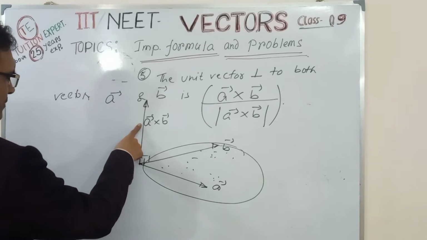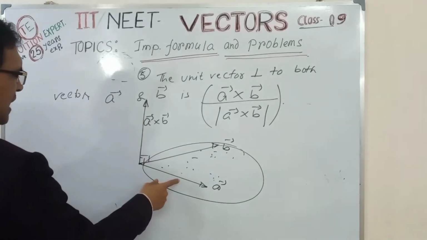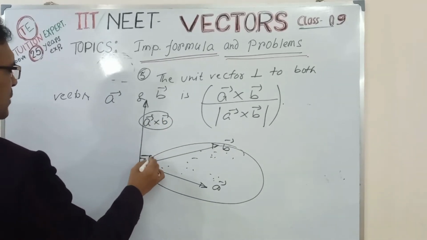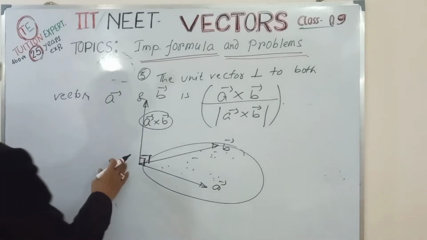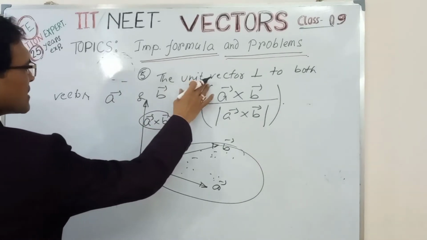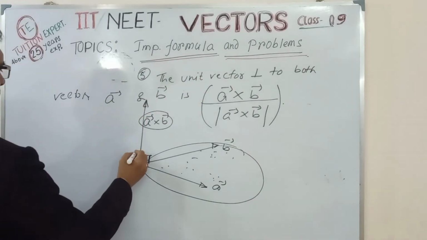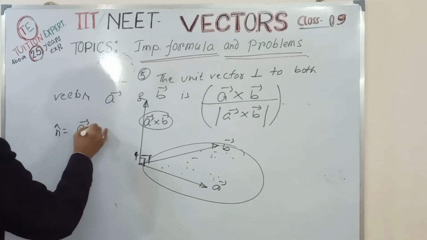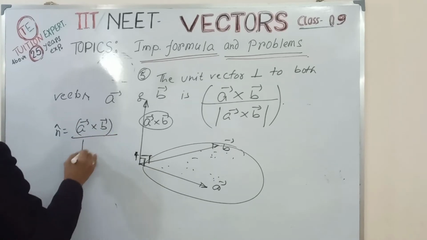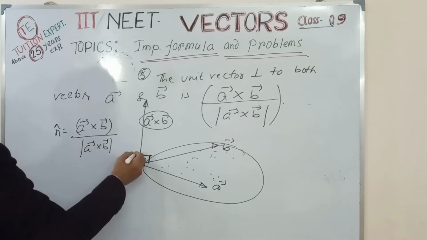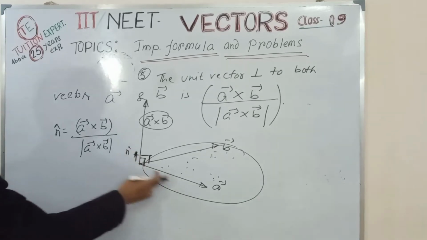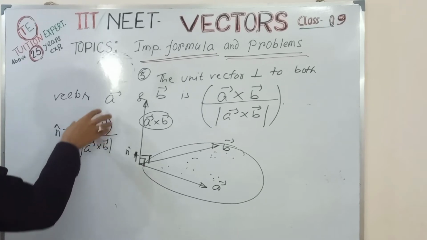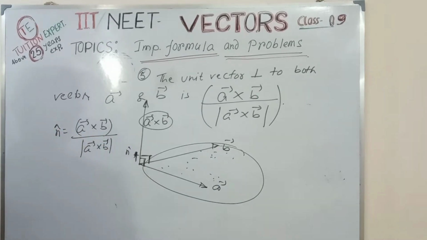The normal is perpendicular to any line of this plane, so this is perpendicular to A and also perpendicular to B. Now you are asked for the unit vector. We know unit vector equals vector divided by its magnitude. So first we find A cross B and divide it by its magnitude, and we get the required unit vector.